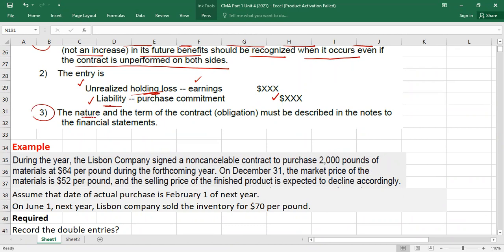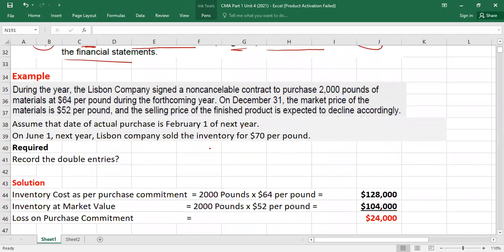If you are booking a loss, obviously in your financial statements, the nature and the term of the contract, meaning the obligation, must be described in the notes. Notes means the disclosure to the financial statements. Understood? So now let's have a look with the help of an example.